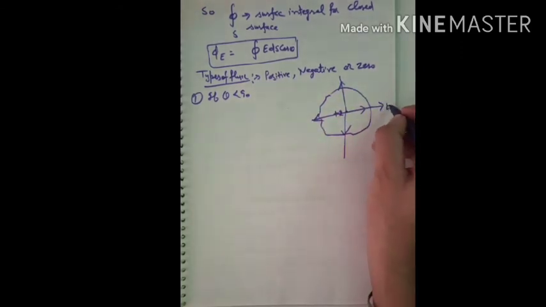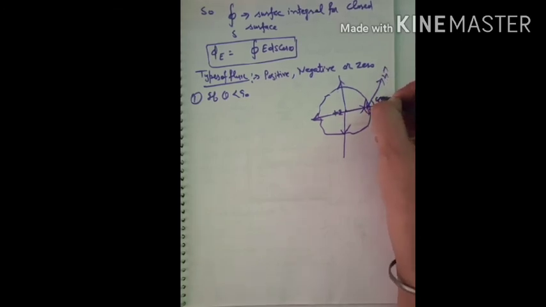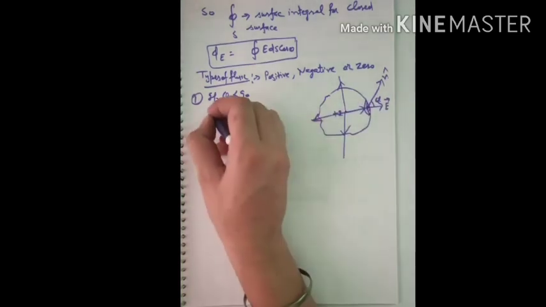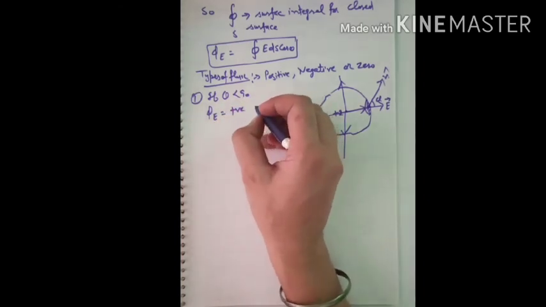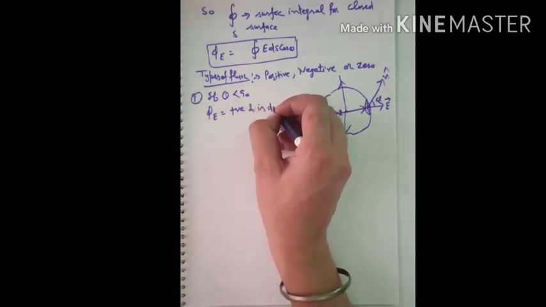Say this is electric field, taking here small area ds vector, and here is n cap, the angle between these two. This is the unit vector normal to area. So in this case flux is positive, phi E is positive and is directed outward.